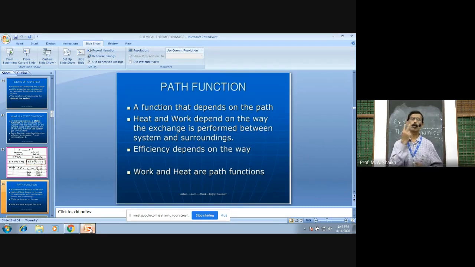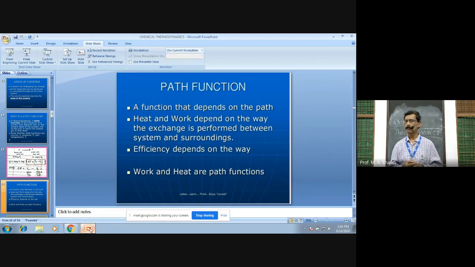I'm telling you now two important path functions: work and heat. W is the symbol for work and Q, capital Q, is the symbol for heat. Work and heat, or W and Q, are path functions. The question is why W and Q are path functions?